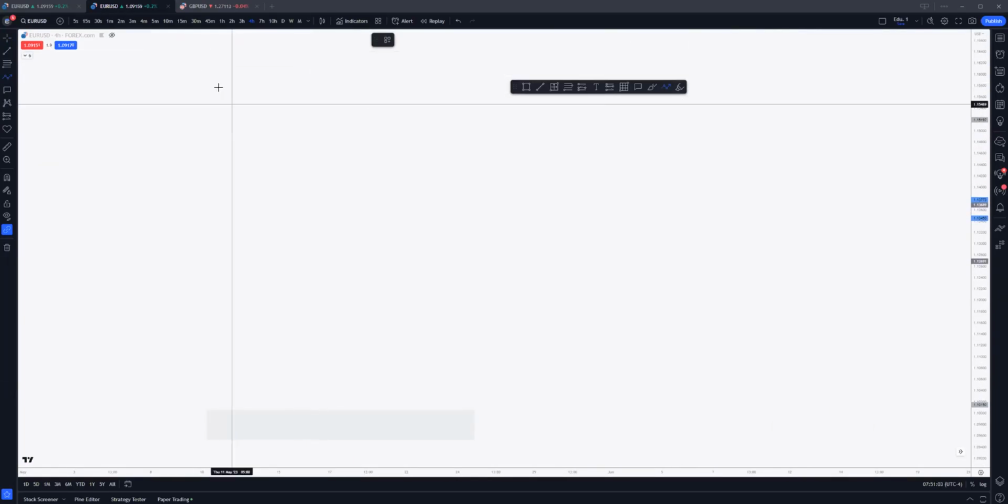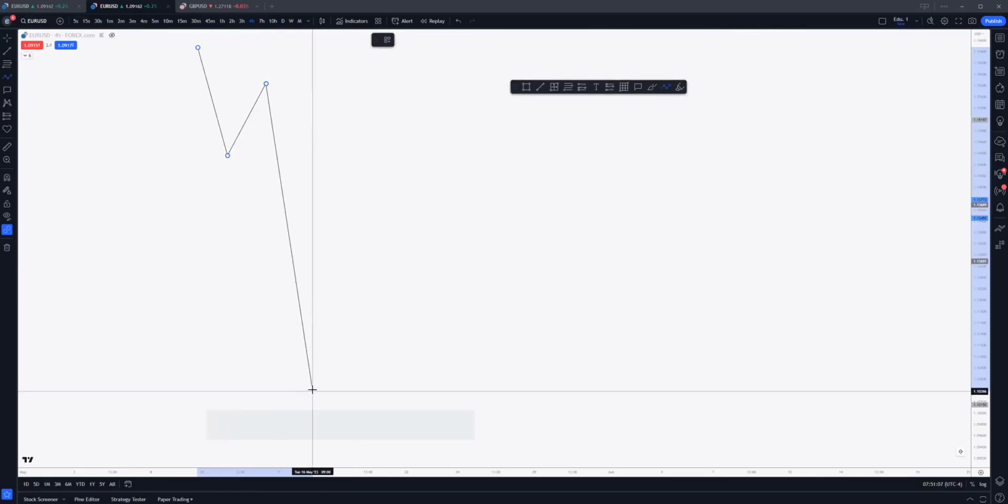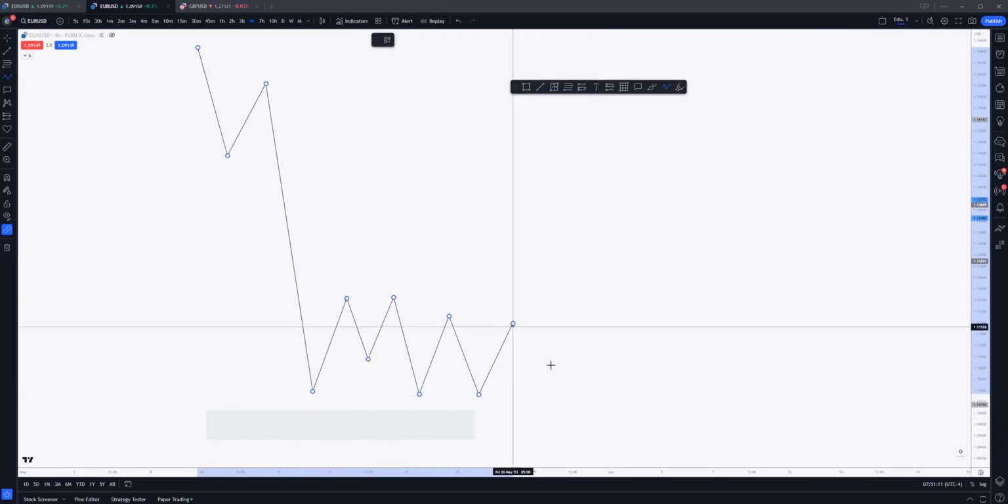Okay, so let's assume that this is the 4-hour I'm drawing right now. And we have a big imbalance, like an FVG, and then maybe some liquidity buildup before the FVG, not that that's necessary. Generally, it depends how we're framing our trade idea, but let's just assume that we're counting the H4 as our higher time frame.